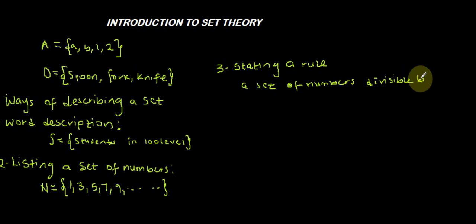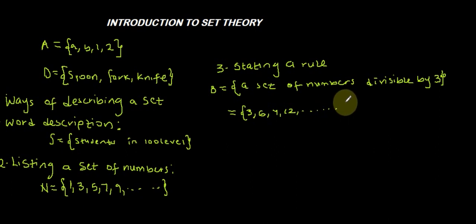So let's say B is equal to, it's not really compulsory to put the set of numbers. You can just say B equals numbers divisible by 3. So if we are to further simplify this, when we are looking at numbers divisible by 3, we have 3, 6, 9, 12, and so on. We have so many of them.